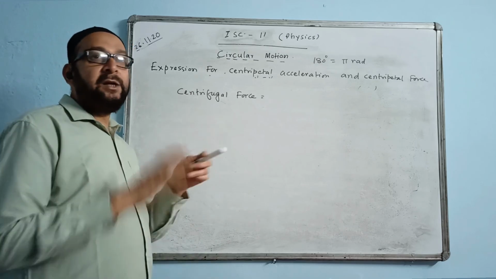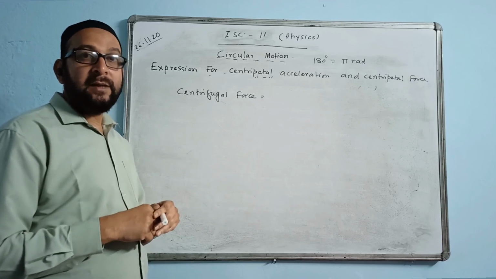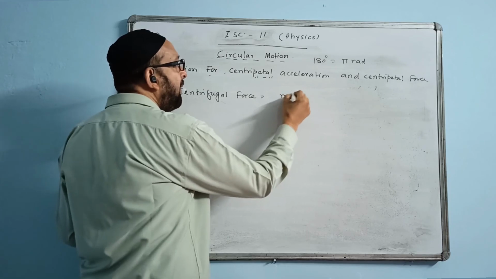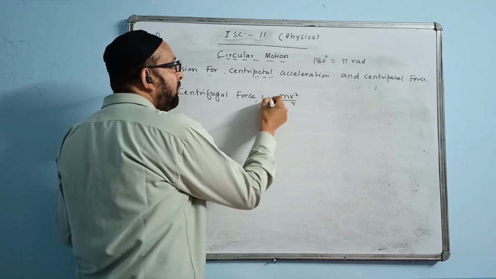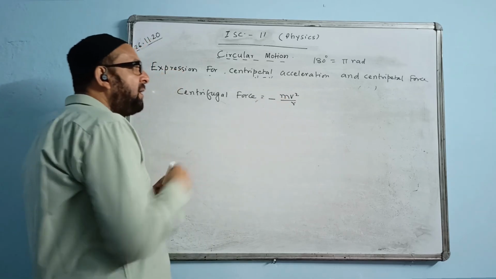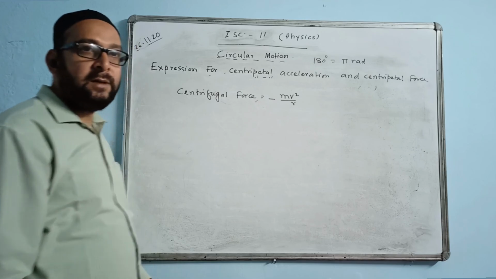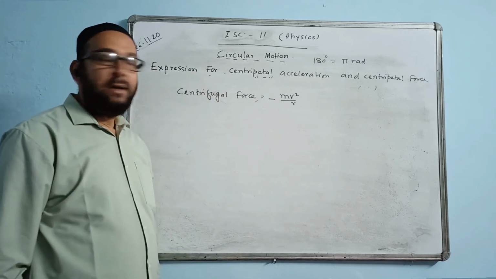So this force's magnitude will be the same as the magnitude of the centripetal force, but the direction will be opposite. The centrifugal force value will remain the same, mv squared by r, but in vector form we put a minus sign. The minus sign tells you only the direction is opposite to the centripetal force. Centripetal force is towards the center and centrifugal force is acting away from the center.